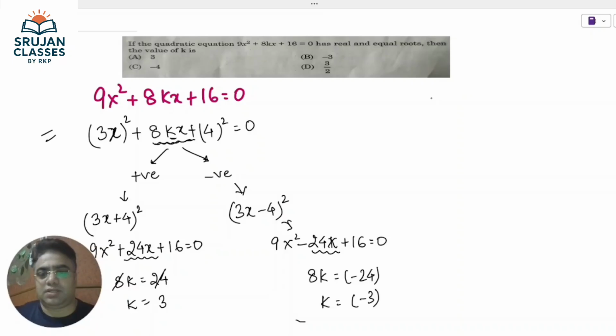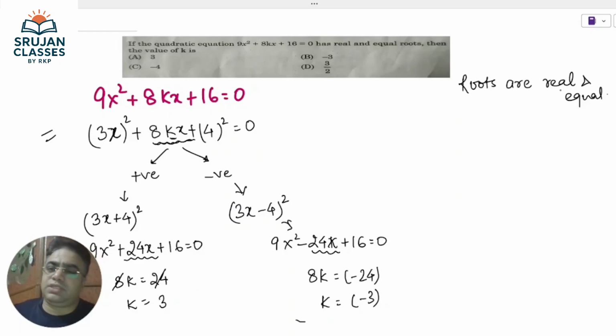The roots are real and equal, right? Real means it can carry both rational or irrational values.